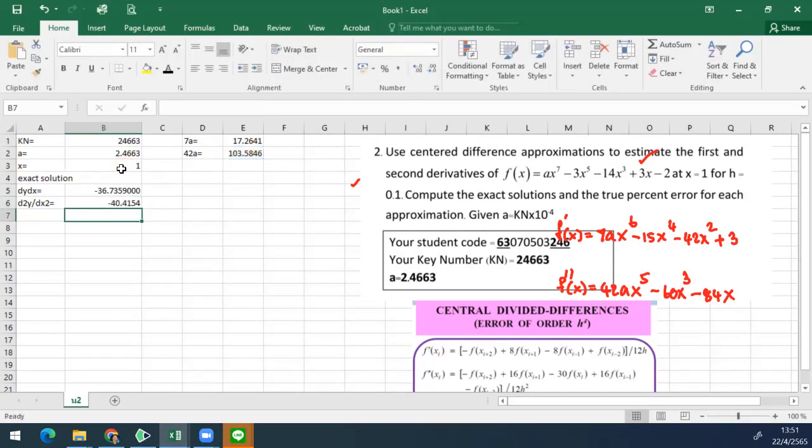Okay, we already have the exact solution, right? That's maybe the first problem.